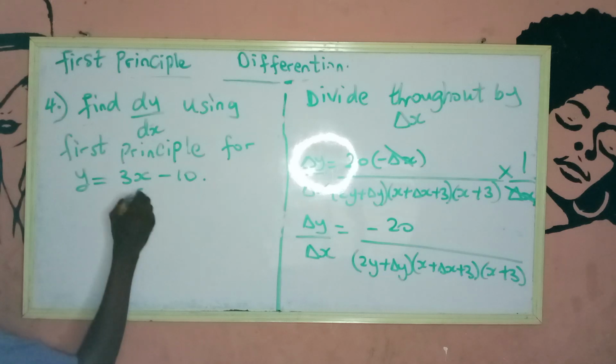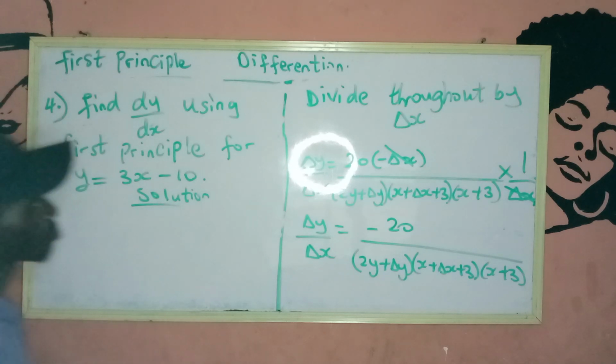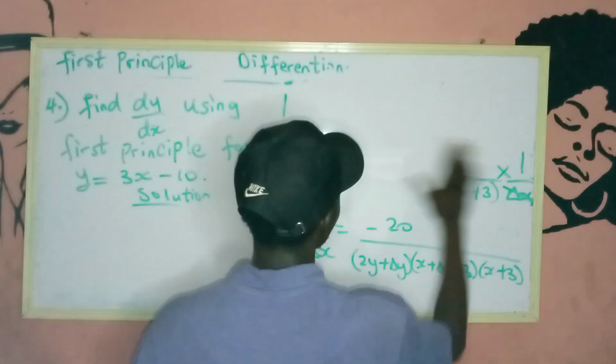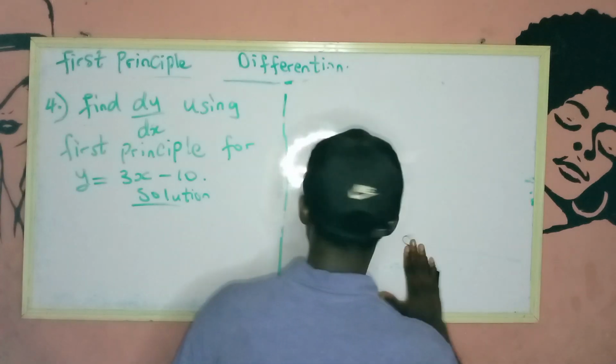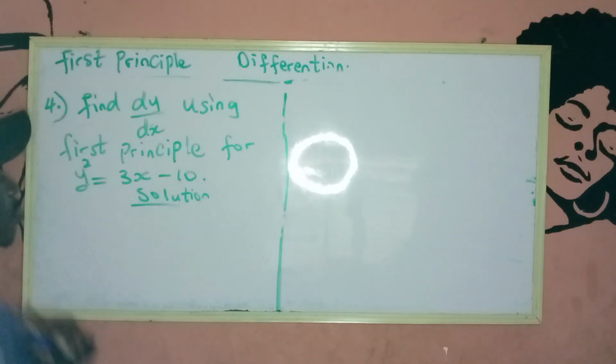Let's do this together. So I'll make it y squared is equal to 3x minus 10.